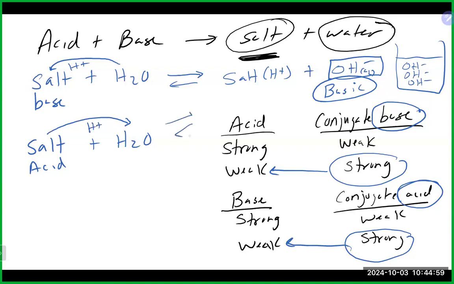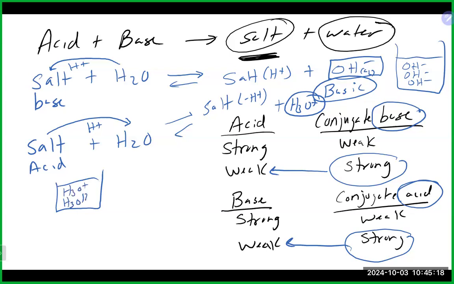The result of that is we will get our salt minus an H plus. But more importantly, we will produce H3O plus in solution. So now in our solution, this salt is reacting and producing a bunch of H3O plus. And when we have a lot more H3O plus or H plus in solution, we should expect this solution to be acidic, yeah?